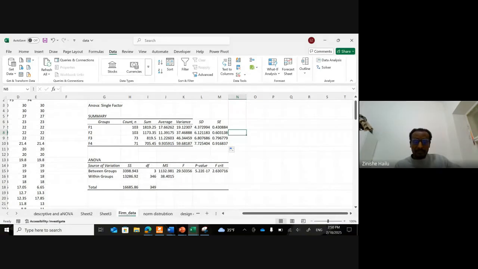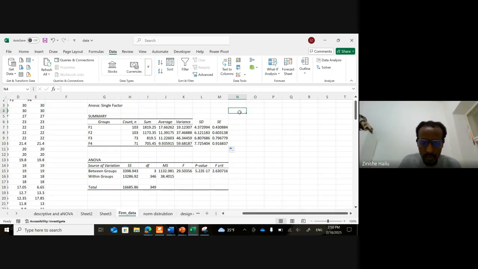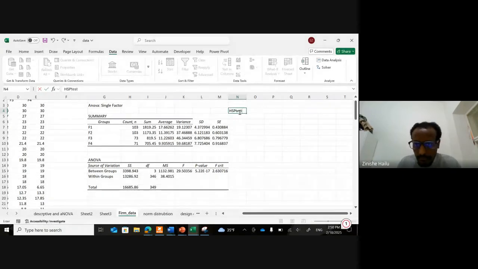Now, the post hoc test. With the Tukey post hoc test, we can also compute the Tukey post hoc test.